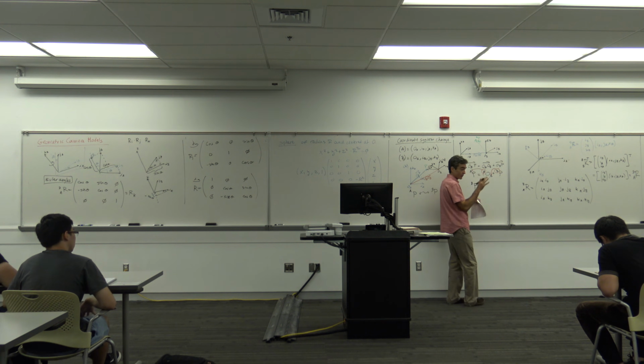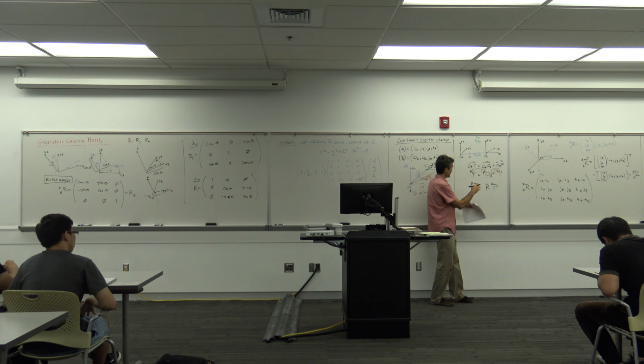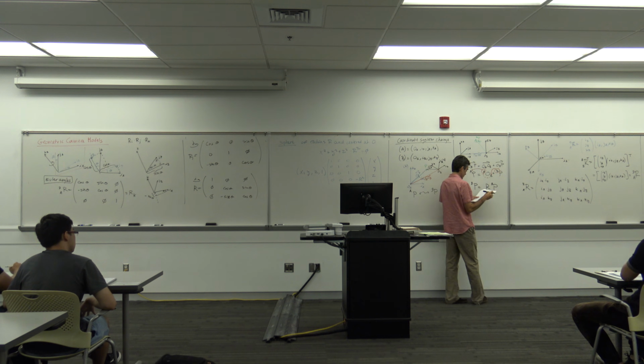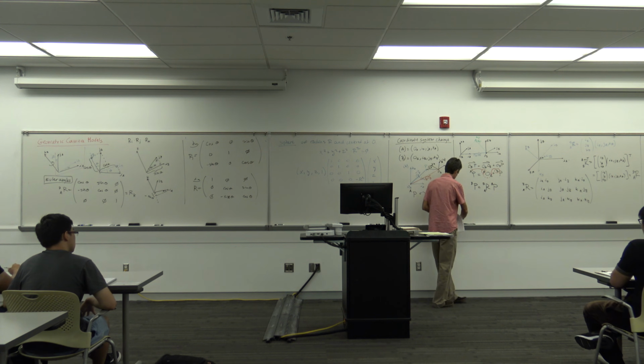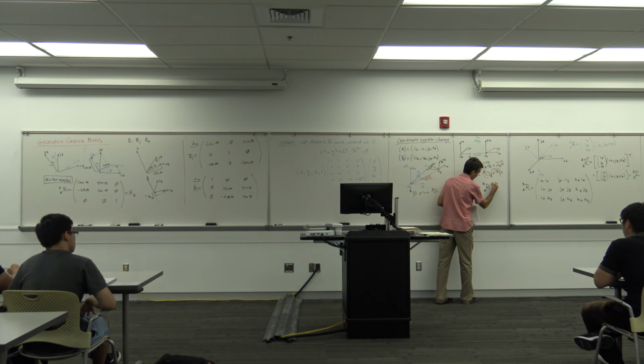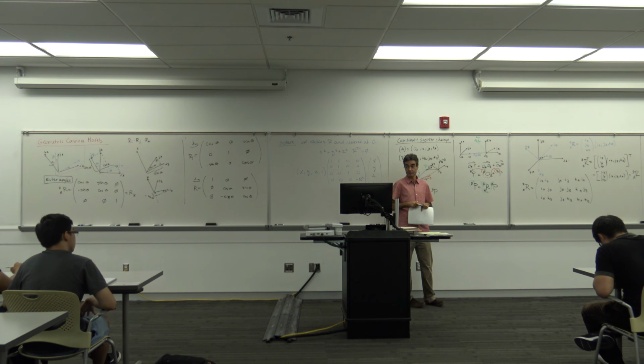PB in the pure rotational case is R PA. And now remember, there has to be consistency. There has to be a path from B to A to A, so I'm going to have A here, consistent with this, and B, such that I go from A to A to B, B to B.